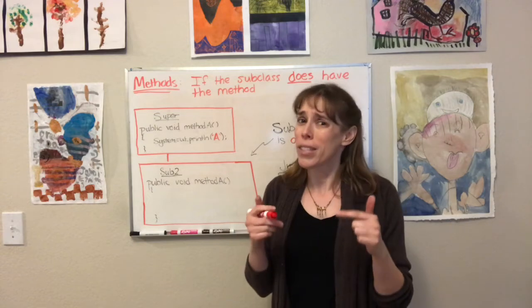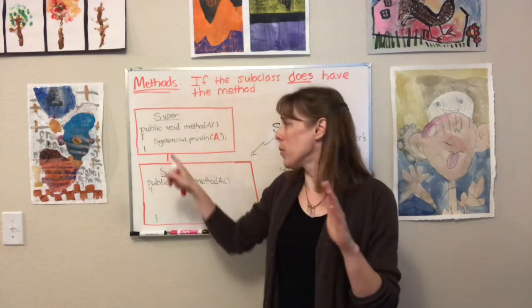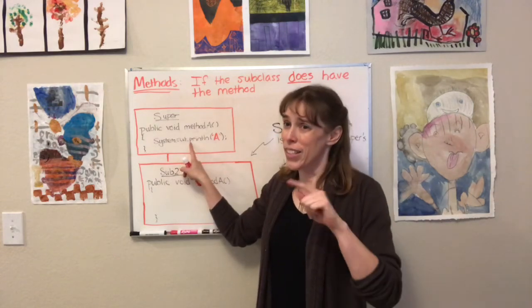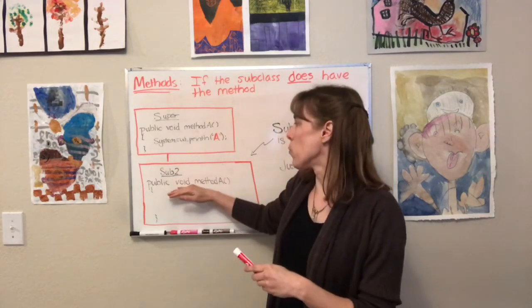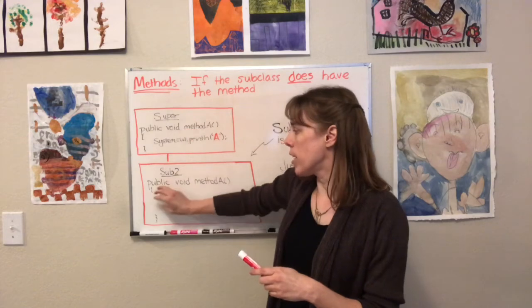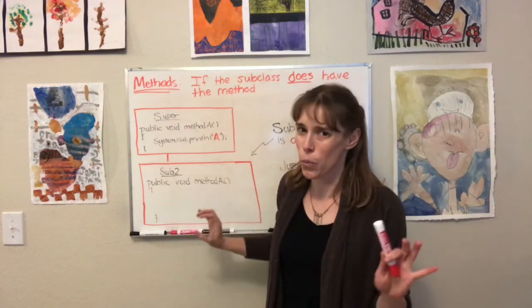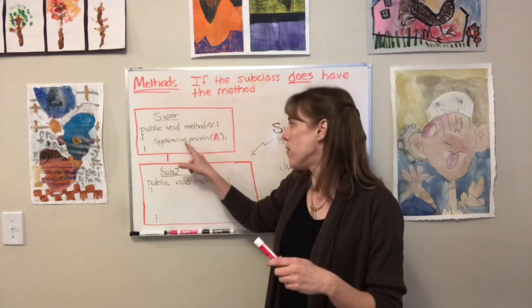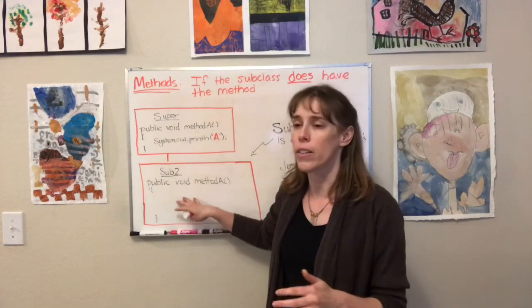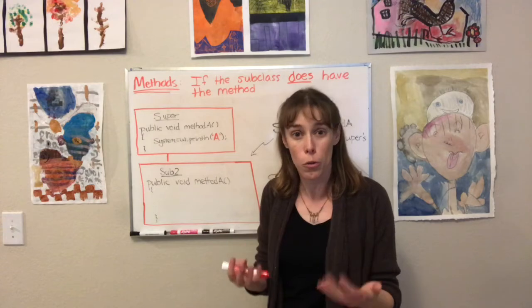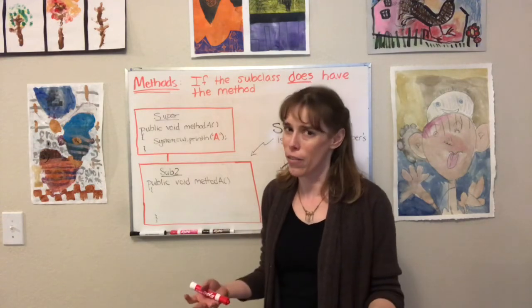So you might still want all of the original method A to run, and then you could just add on a piece. Does that make sense? So instead of rewriting all of this code, taking it down here, and then just changing your one thing, you could have this code run and then update that one little thing down here. So you wouldn't have quite as much code duplication. That would be kind of awesome.